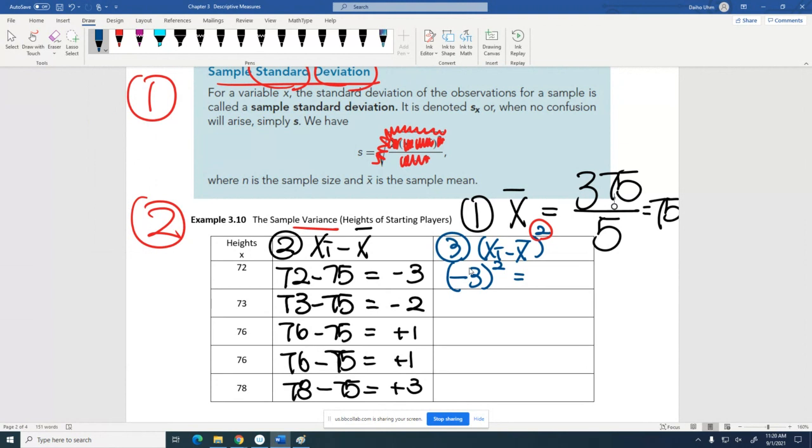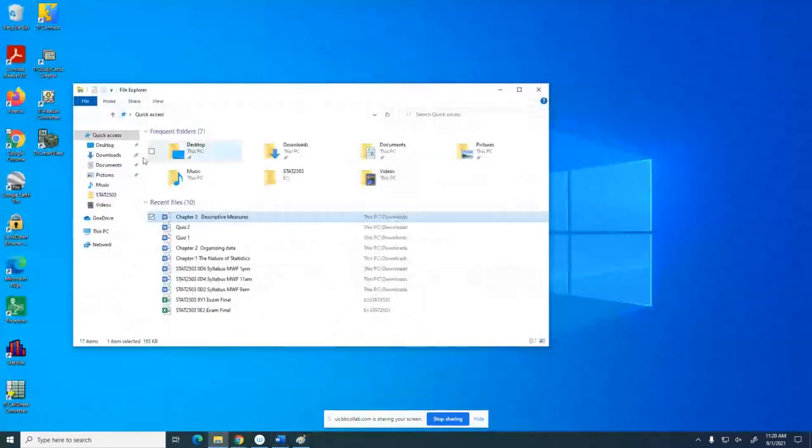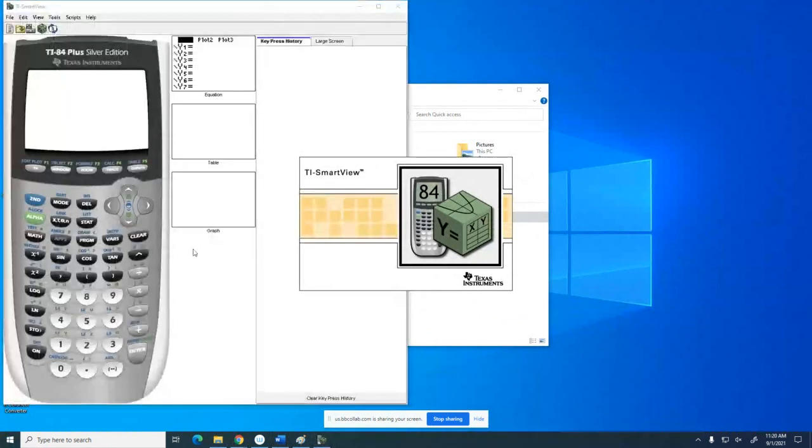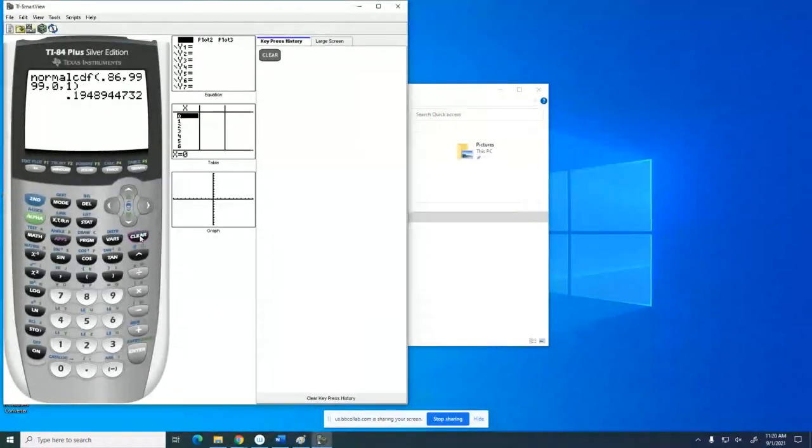Anybody who got the answer? Just 9? Anybody who got the negative 9? Let me try. I have a TI-84 here. Let's clear it up. Negative 3 square.